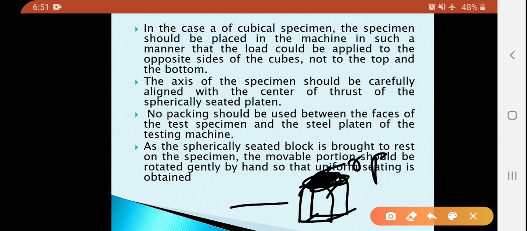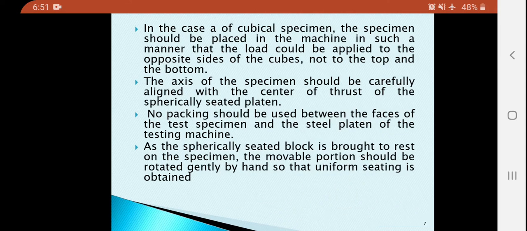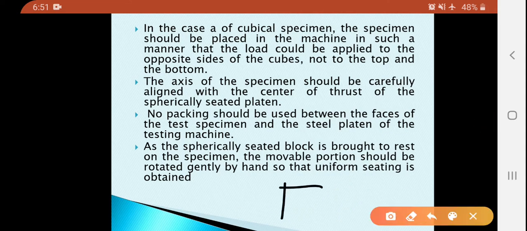So we are applying the load in these directions, not on the top and bottom. We are just changing the orientation of the cube, so the top surface will be placed at the right or left side of the machine.